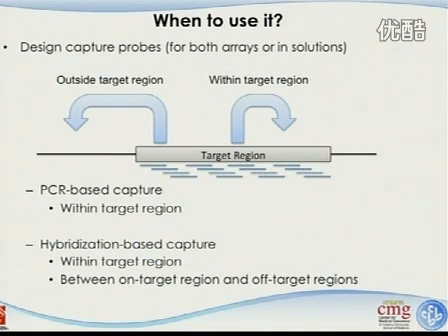However, if this region and this region are too similar to each other, when you do the capture assay, this part of the DNA hopefully will be pulled down, but this part will be pulled down as well. Then when you call variants, it eventually messes things up, so you don't know exactly whether that fragment comes from here or there.